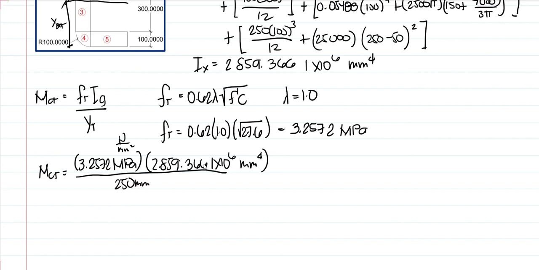So, since Newton mm yan, kailangan natin yan i-convert into kilonewton meter. So, ibig sabihin, we need a 1,000 squared dito sa baba. Kasi 1,000 squared, that is 1 times 10 raised to 6. So, we can cancel this one, and we can also cancel yung times 10 raised to 6 dun sa inertia.